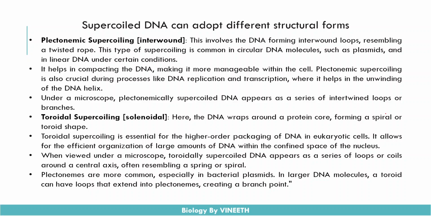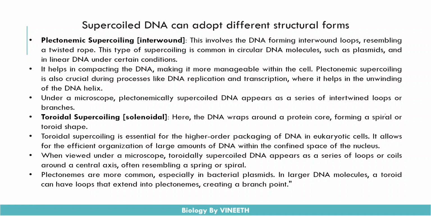This handedness makes the DNA undergo different types of supercoilings, to adapt different structures when subjected to supercoiling. There are two major possibilities for DNA when it undergoes supercoiling: one is plectonemic supercoiling, or the interwound supercoiled DNA, and the other is toroidal supercoiling, or the solenoidal model of the DNA.